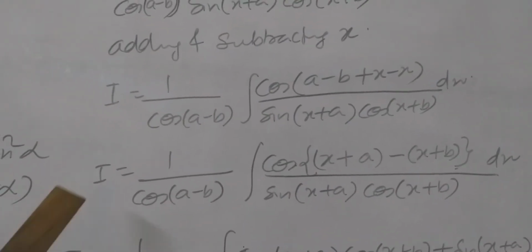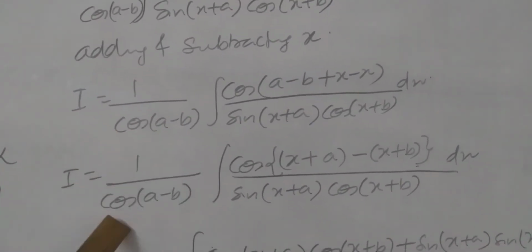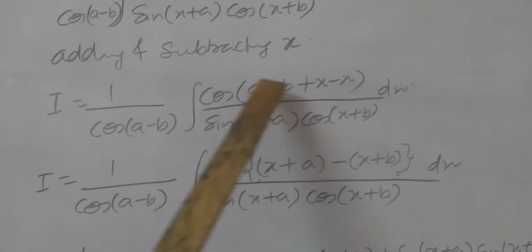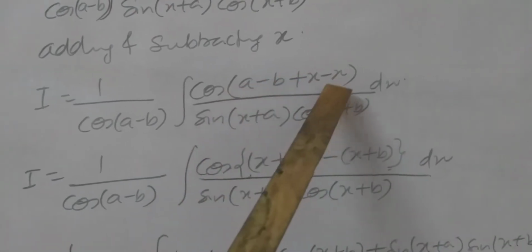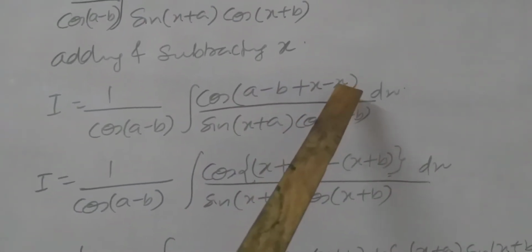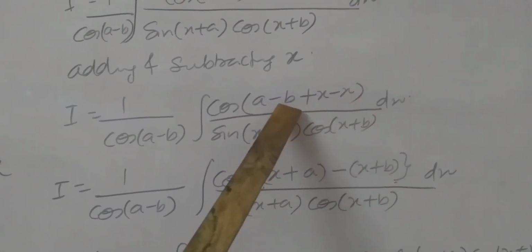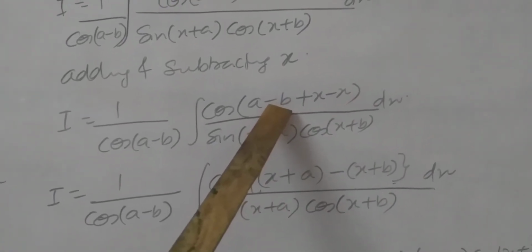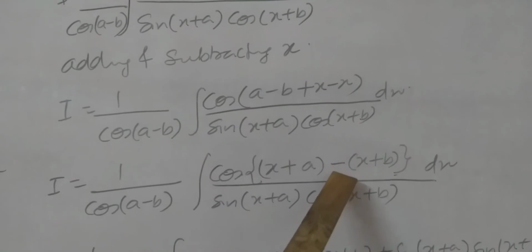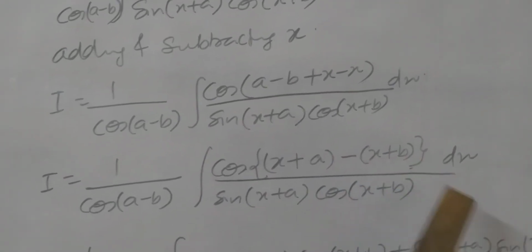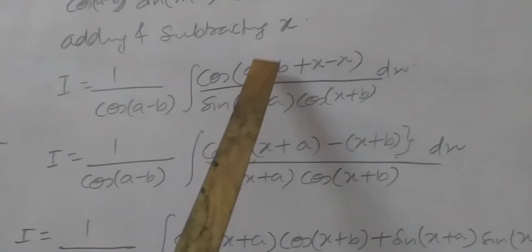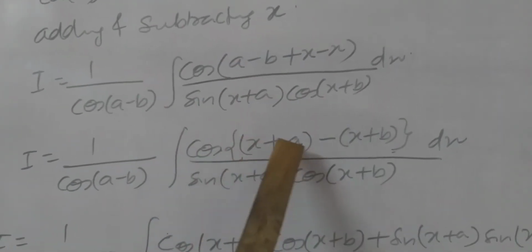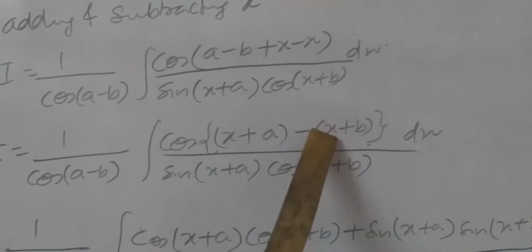So I equals 1 upon cos a minus b. We can write this term as cos of x plus a, both positive, and take minus common from minus b and minus x, so minus x plus b. So this term we can write as cos of x plus a minus x plus b in brackets.